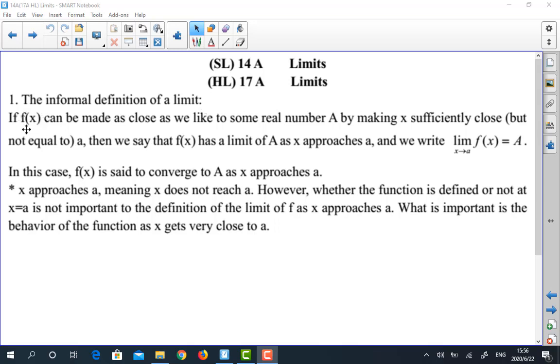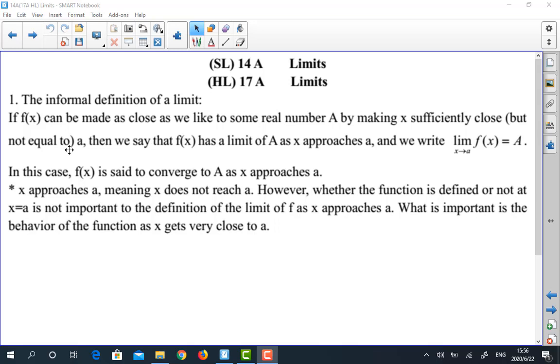Think about a function, f of x. This f of x can be made as close as we like to some real number, A, by making x sufficiently close, but not equal to a. So what does that one mean?